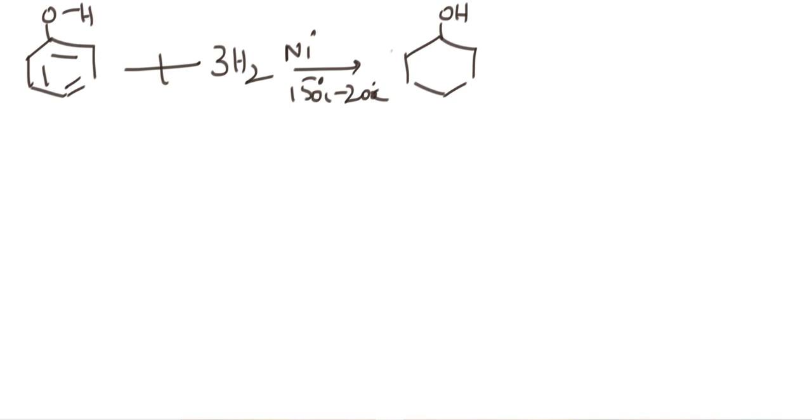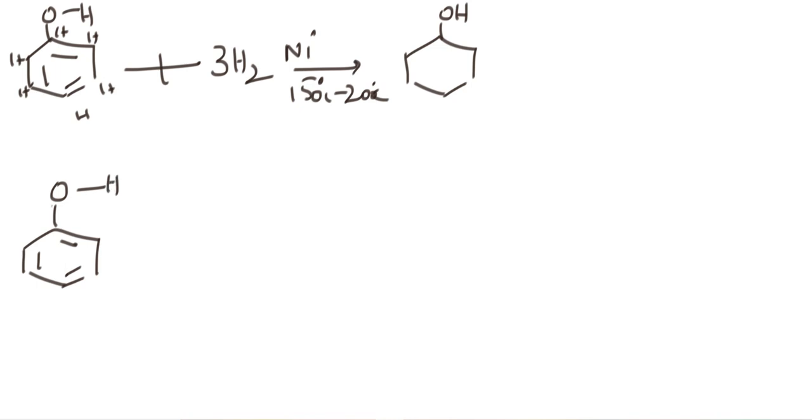All double bonds are converted to single bonds. Very simple. One hydrogen is added here, second hydrogen, third, fourth, fifth, sixth hydrogen. Total 6 hydrogens are added. That's all. Okay. So very simple reaction. This is now Kolbe's reaction. Another reaction also is there, Riemer-Tiemann 2. This is Riemer-Tiemann salicylaldehyde. So Riemer-Tiemann 2 also is there. I will tell that reaction also.